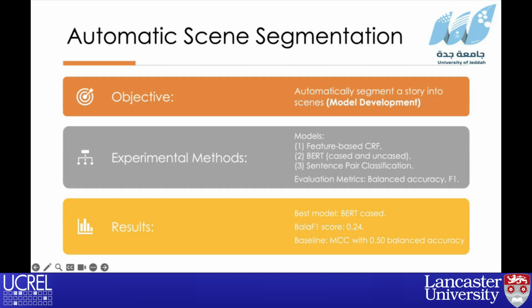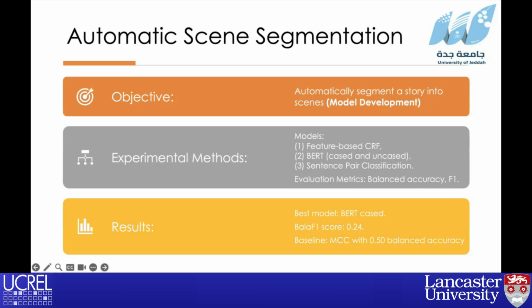We considered the sentences as a sequence, and we generated a sequence of tags for these sentences. The tags are either 1 or 0. Tag 1 means that we have a scene boundary in this sentence, and 0 means that we don't have a scene boundary in this sentence.